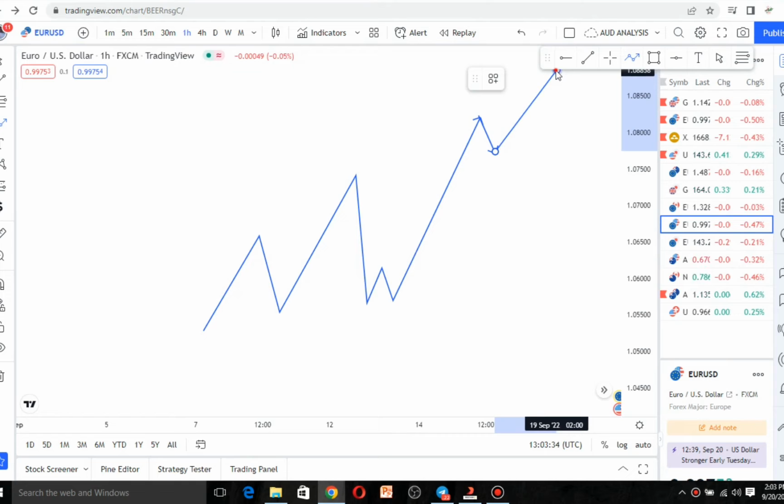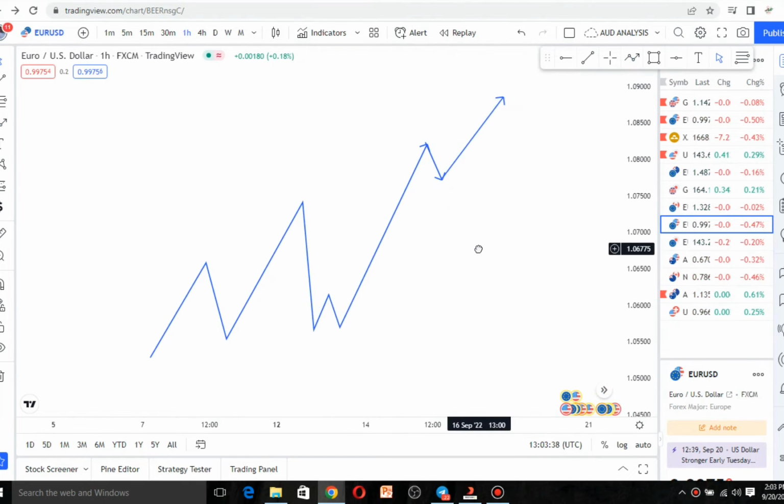You will agree with me that this is an uptrend. We have an uptrend from here to here, and it keeps moving forward.